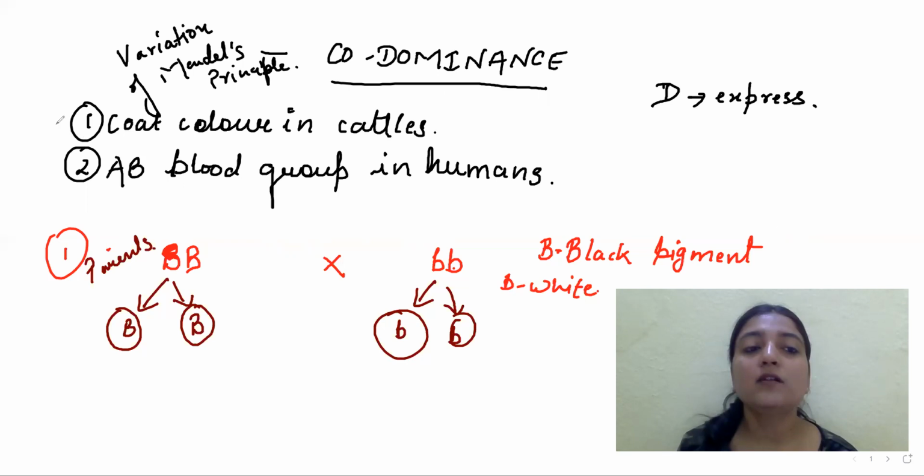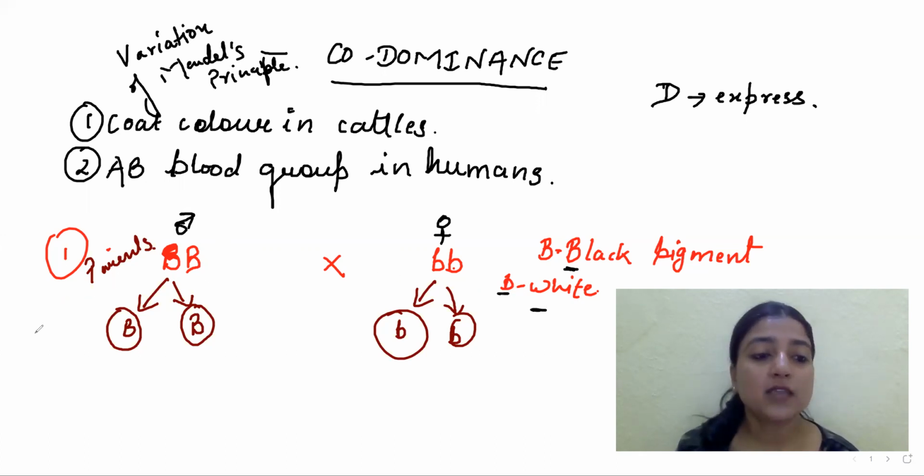We are dealing with two examples: coat color in cattle, which shows codominance, and AB blood group too. In coat color in cattle, capital B is a parent, say male, and this is female, where capital B represents the black pigment and small b represents the white pigment.